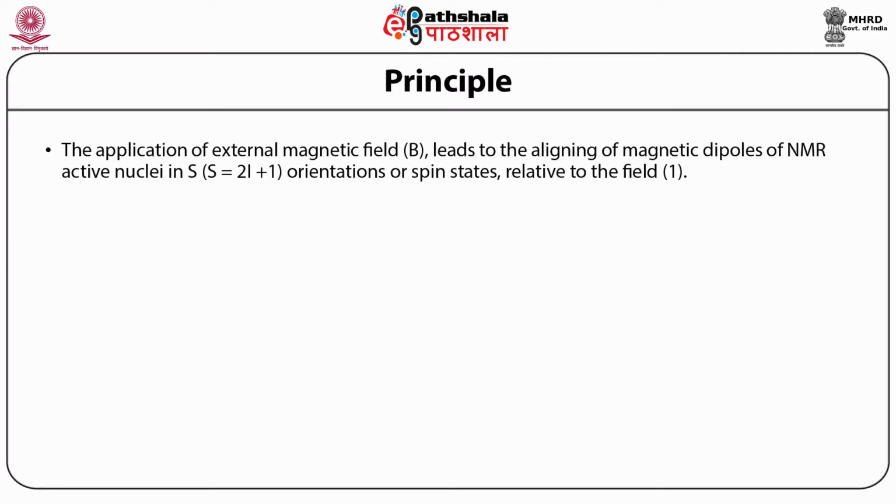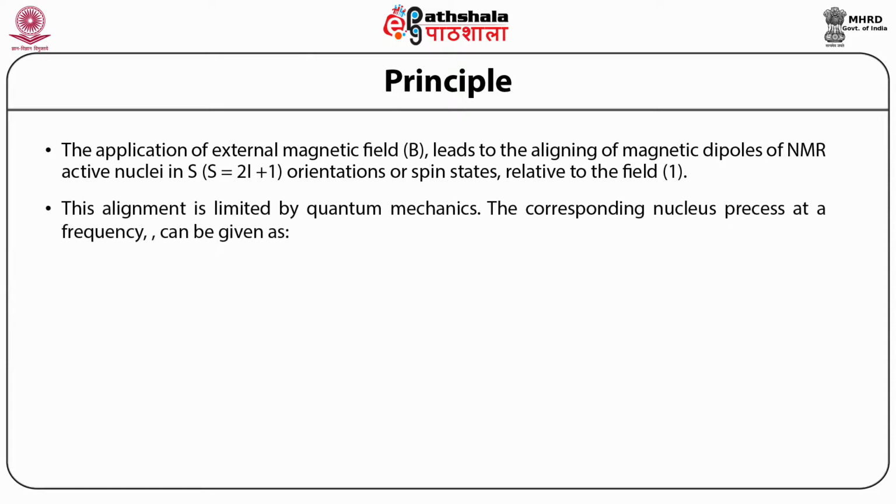The application of an external magnetic field B leads to the alignment of magnetic dipoles of NMR active nuclei in S states, where S is equal to 2I plus 1, orientations or spin states relative to the field, which is given by the following expression.